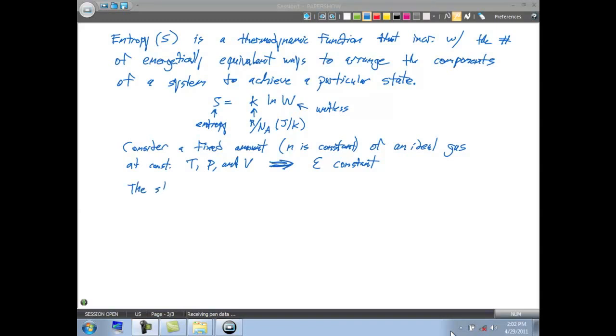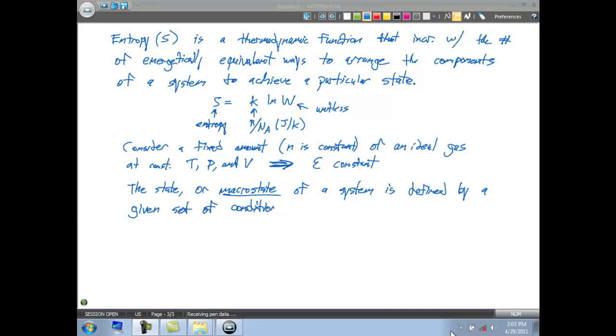The state, or macro state, of a system is defined by a given set of conditions.